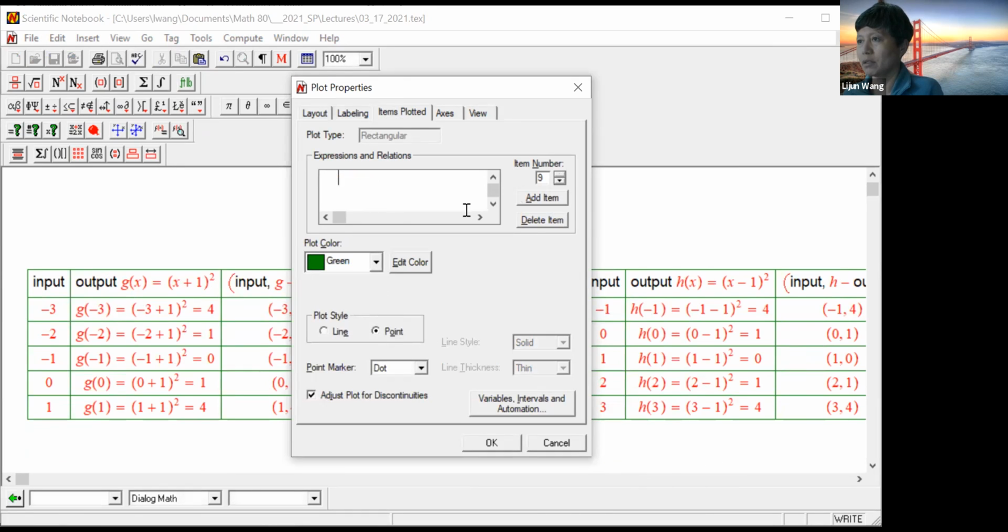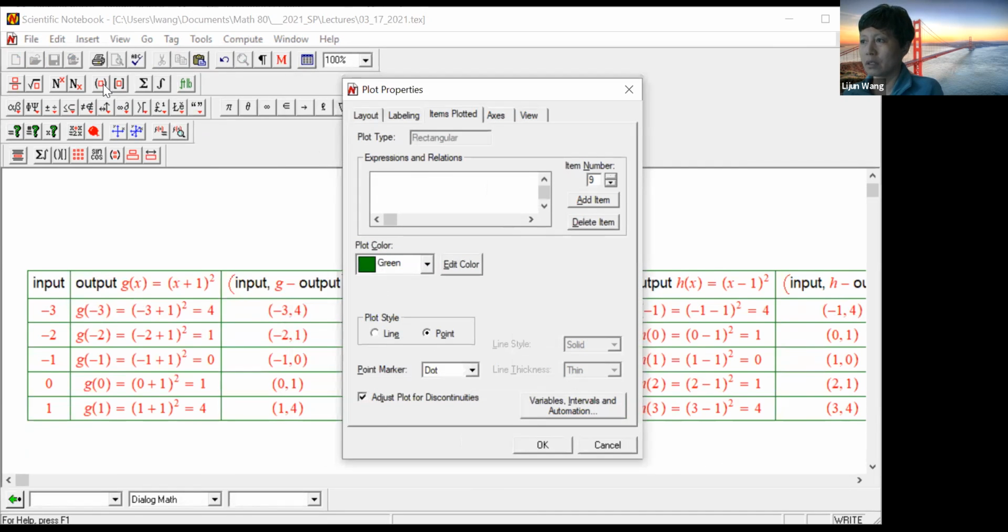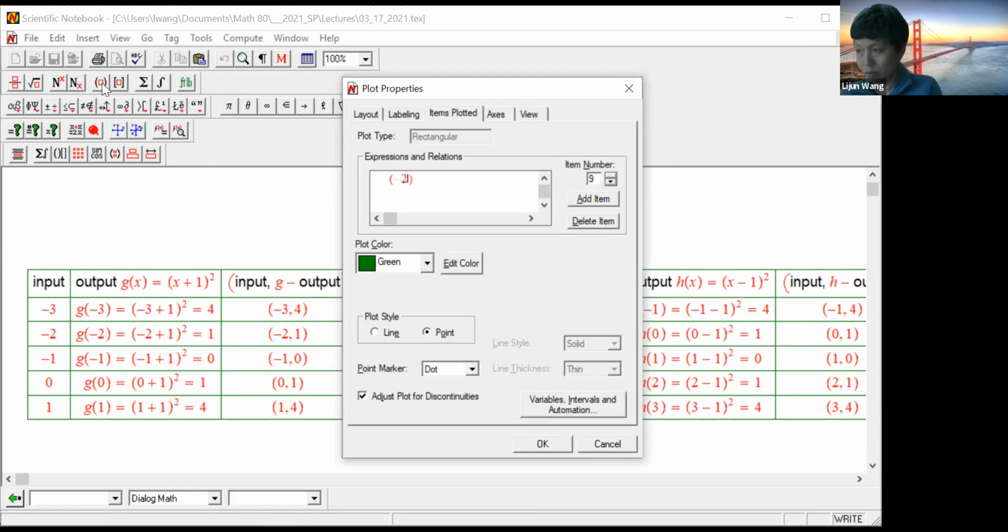It doesn't really matter. Okay, the next point, -2, 1. The next point, -1, 0. 0, 1. And one more point, 1, 4.